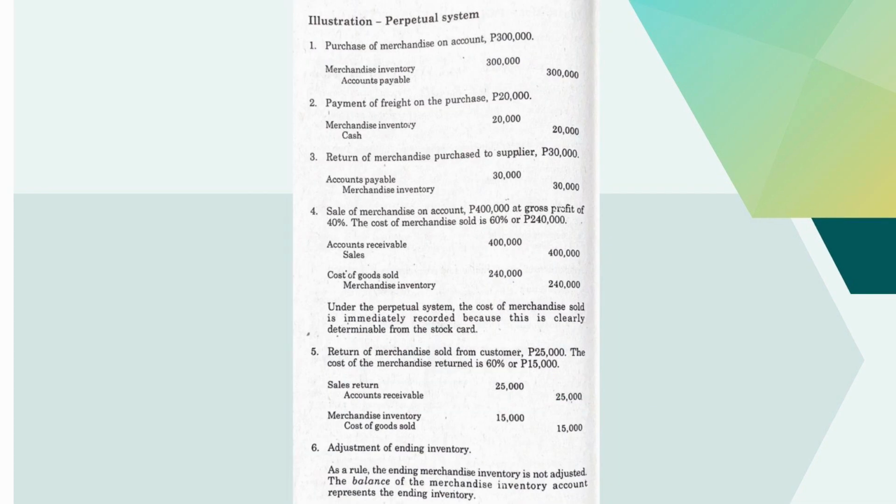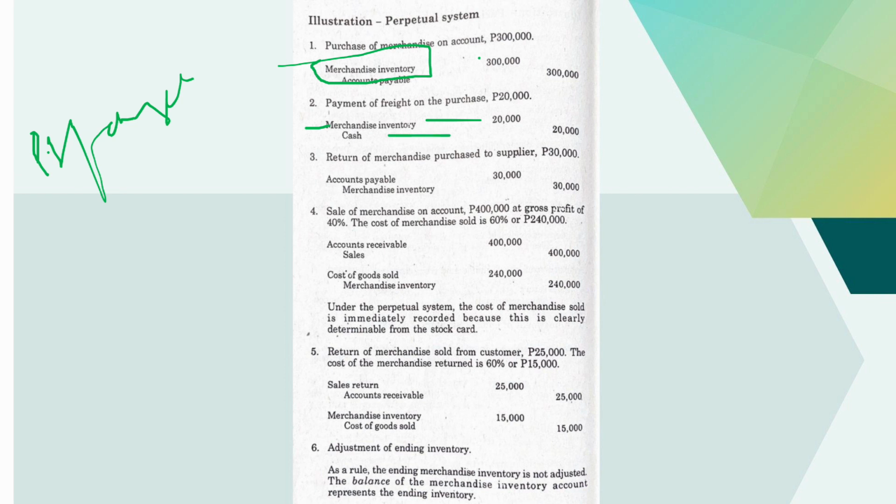Okay. Perpetual naman, when we purchase merchandise, we use merchandise inventory. See? Diba? Sa periodic, ang ginamit natin is purchases. Payment of freight on the purchase is merchandise inventory ulit, compared with the periodic na ang ginamit natin ay freight in.